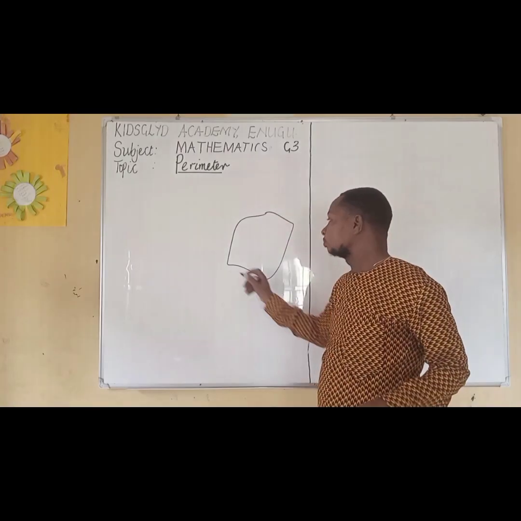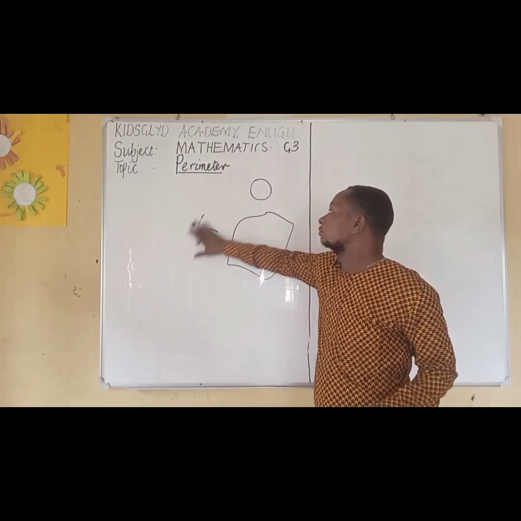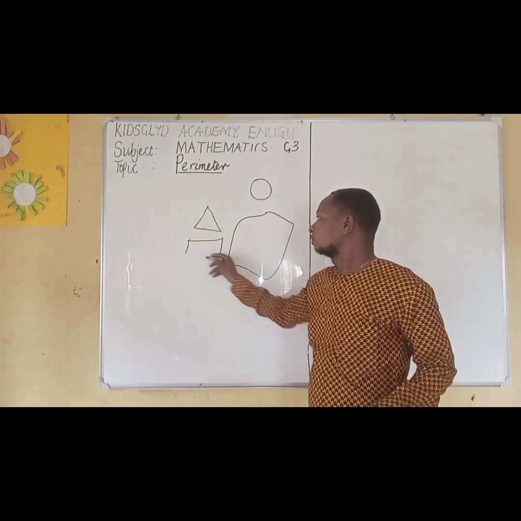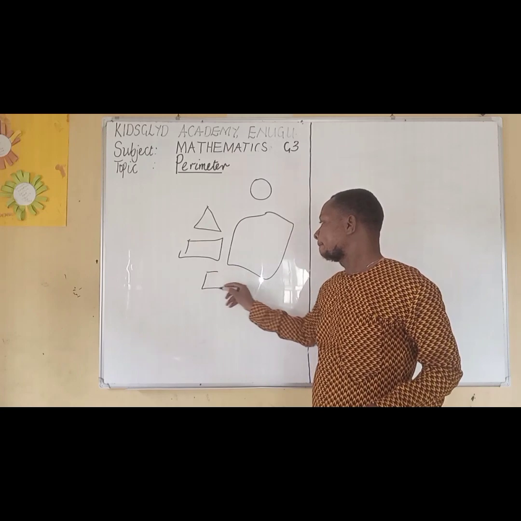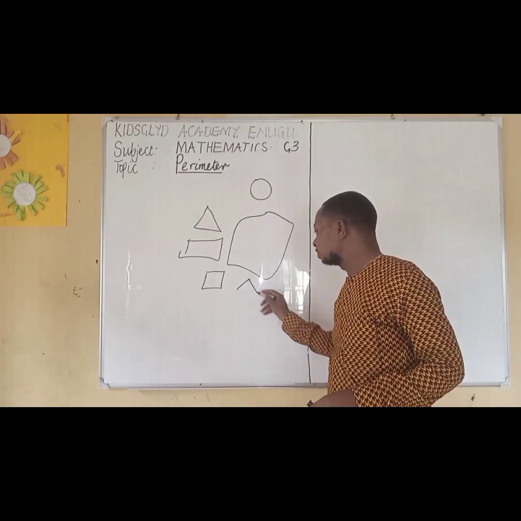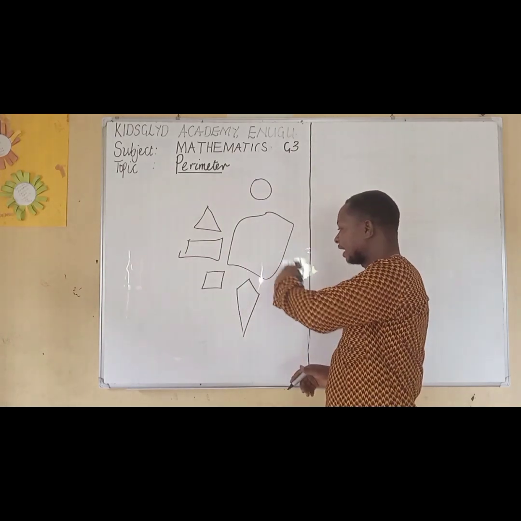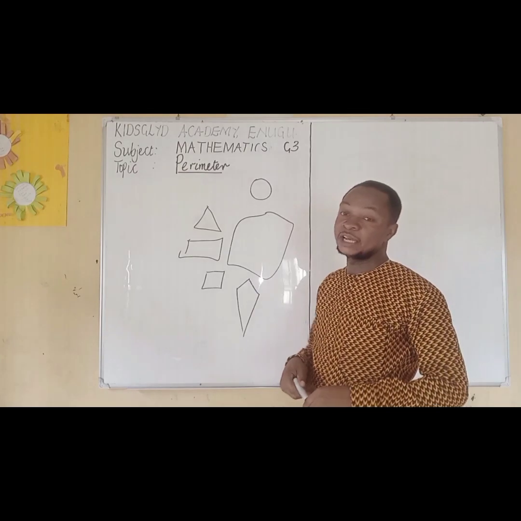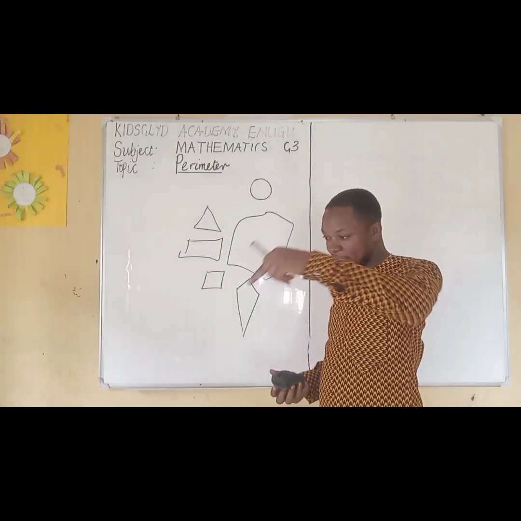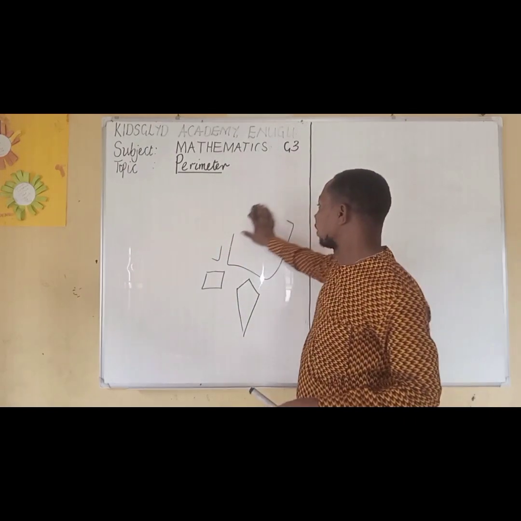The distance around the object, be it a triangle, a rectangle, a square, any kind of shape, there is always a distance around it, in as much as there is a starting point and a stopping point.